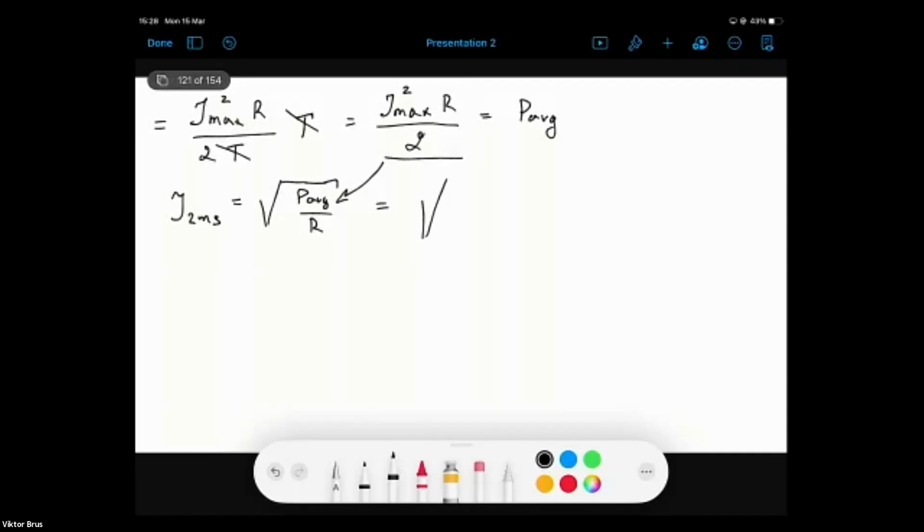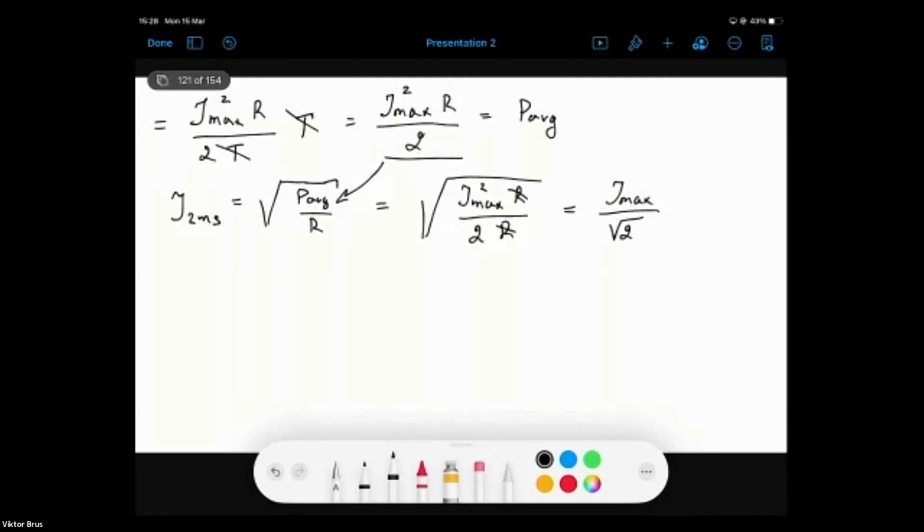So here is the square root of I maximum square times R divided by 2 and R. So R and R cancel out, and we eventually get the expression for this RMS current, which is I maximum divided by the square root of 2.